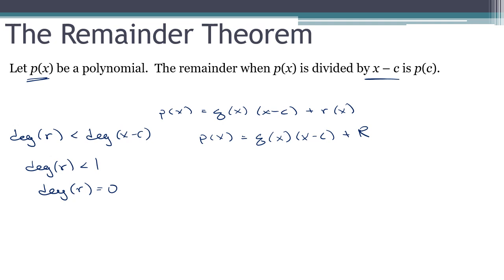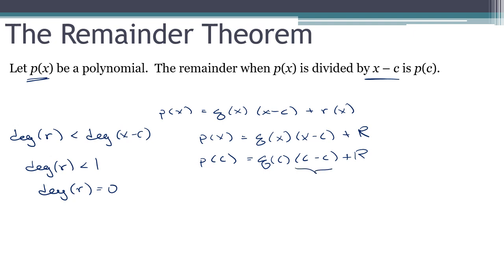Here's what I'm going to do. I'm going to evaluate this polynomial for x equals c. If I replace the x with a c on the left side, I have to do it on the right side. But look at what happens here.